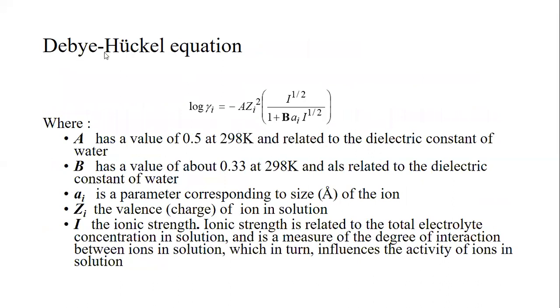Log gamma of i, where i means any species, any ion, cation or anion, as long as it's an ion in solution, is calculated through this extended Debye-Hückel equation: minus A z_i squared, open the parenthesis, I to the half, over 1 plus capital B small a sub i, I to the half.